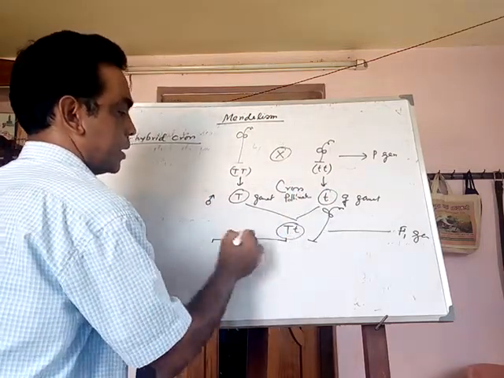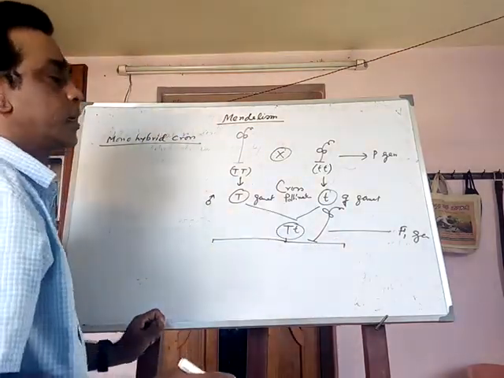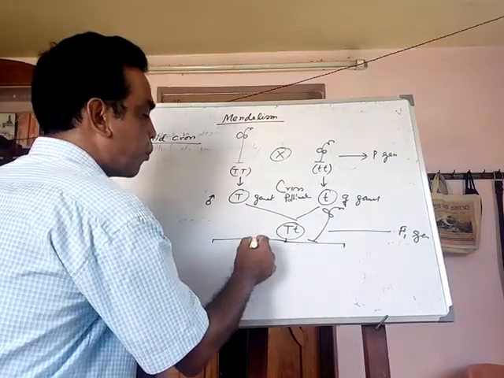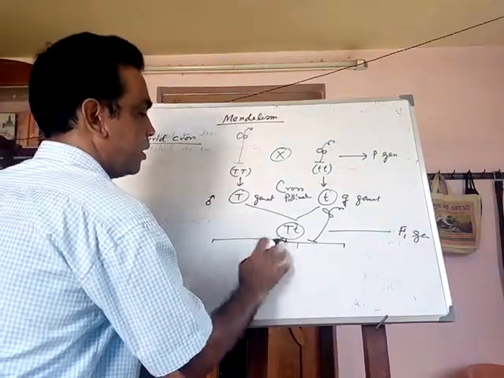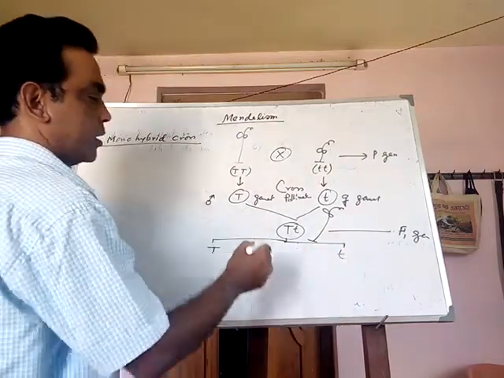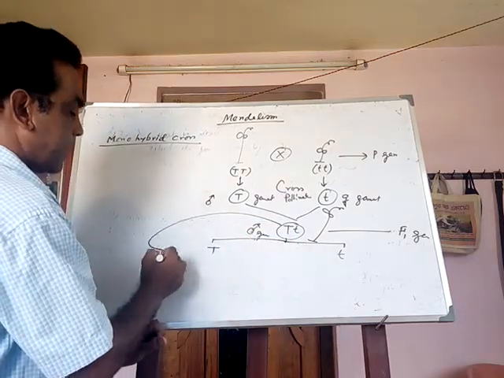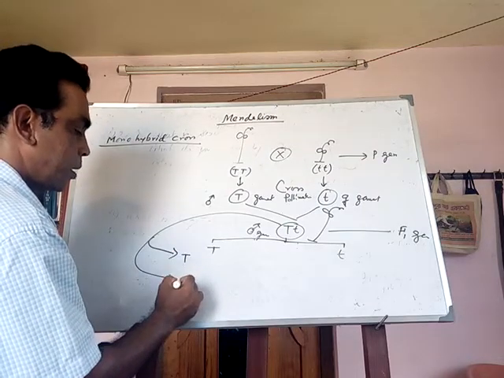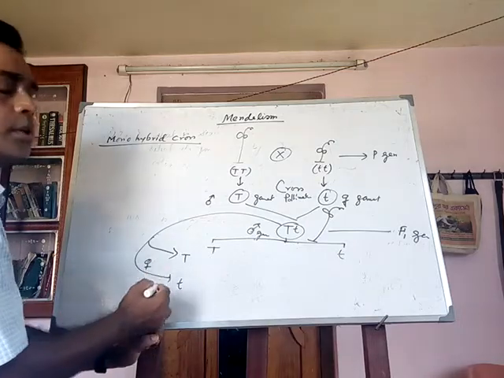Now, all the heterozygous plants can produce after self-pollination 2 types of gametes, sorry: capital T, small t, that is male gamete, and the ovary can produce the same gametes of female.